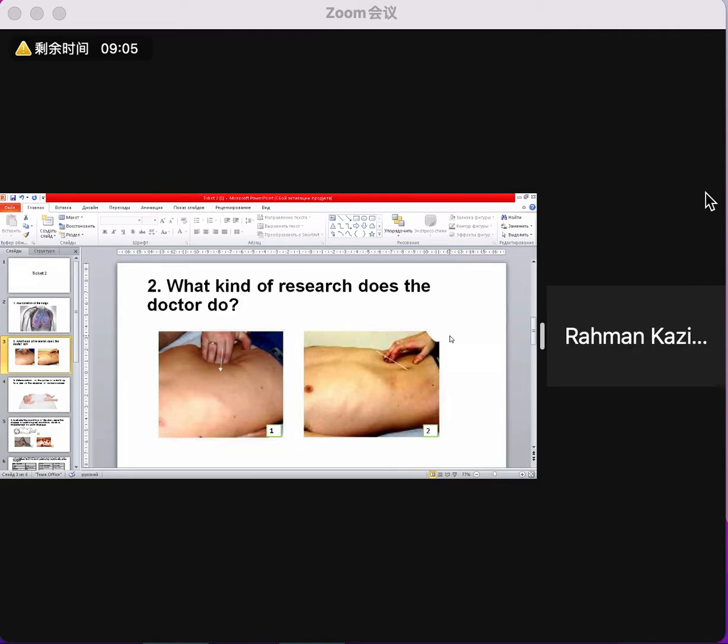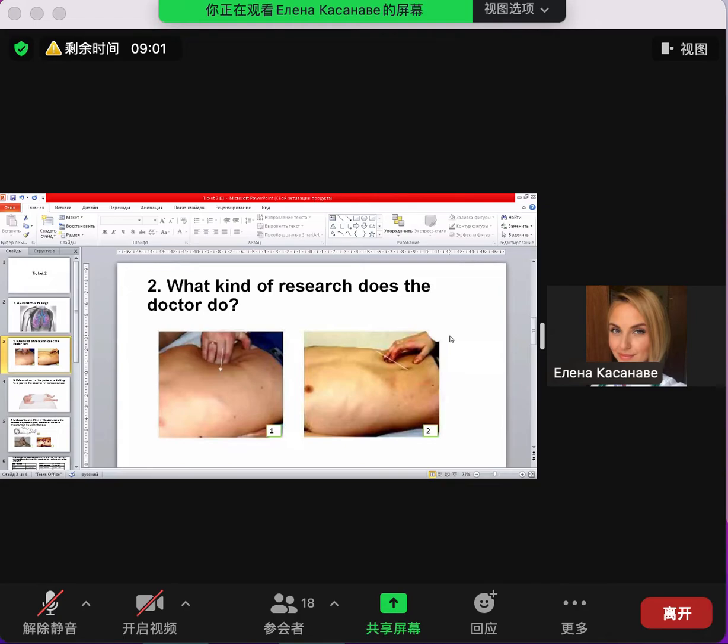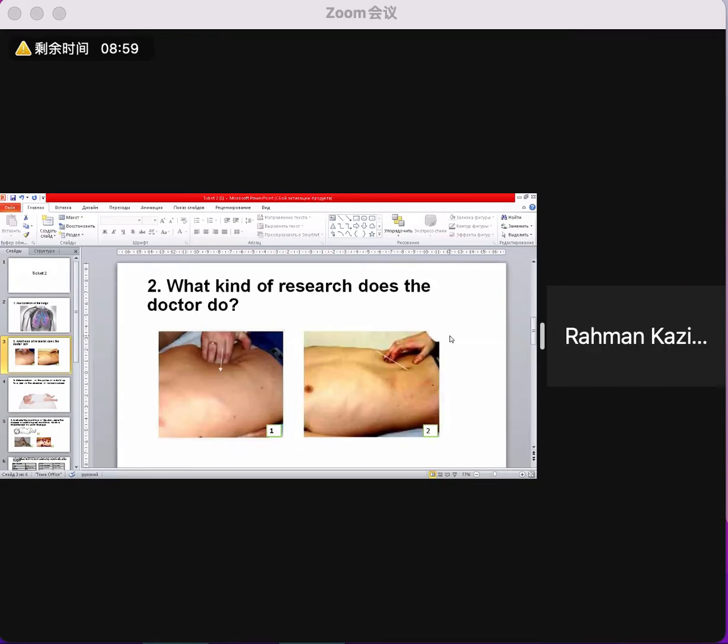I think the second one is Mayo-Robson, on the upper quadrant. Tail of the pancreas. Yes, tail of the pancreas. Okay, very good. And photo number 1 is not so clear.